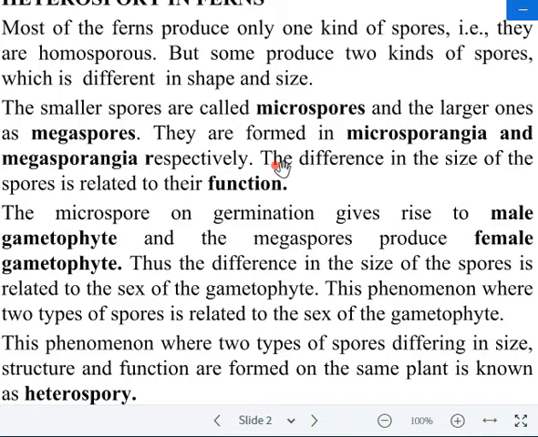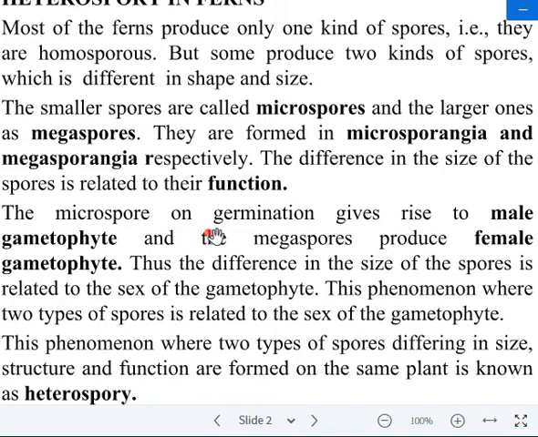The difference in size of the spores is related to their function. This indicates that in the heterosporous tendency of the fern, on germination of microspore they produce the male prothallus, and on germination of megaspore they develop the female prothallus. So you can say that from the microspore the male gametophyte, that is the antheridium, is developed, and from the megaspore the female gametophyte, the archegonium, is developed.